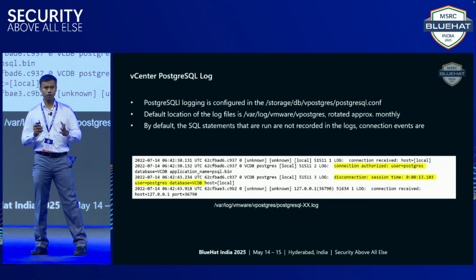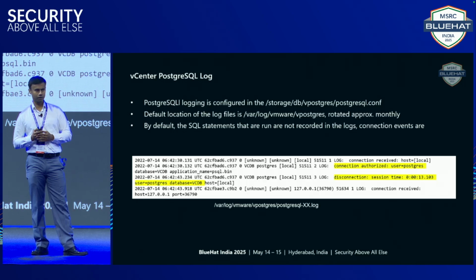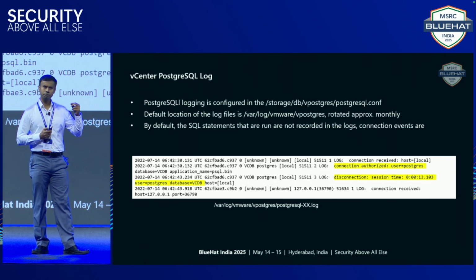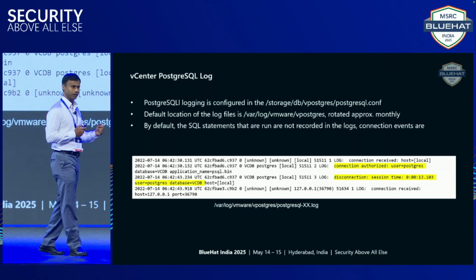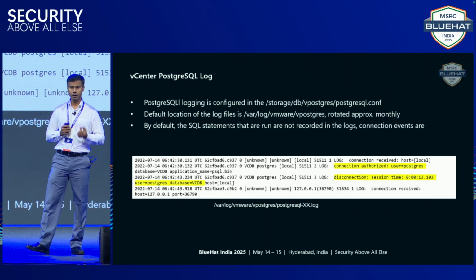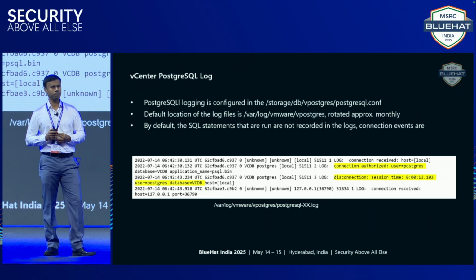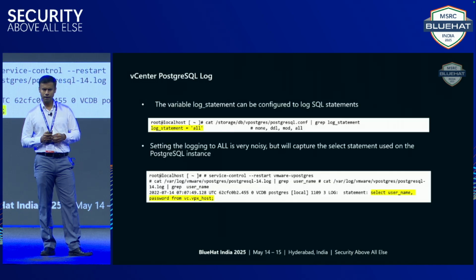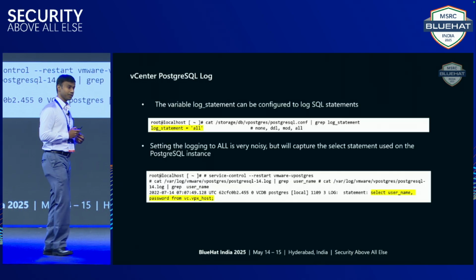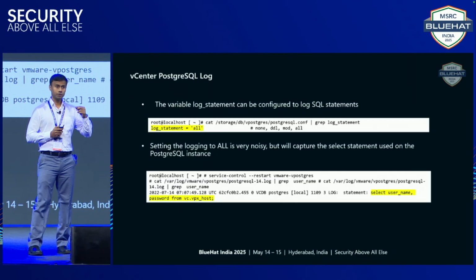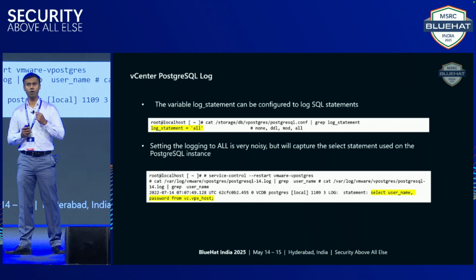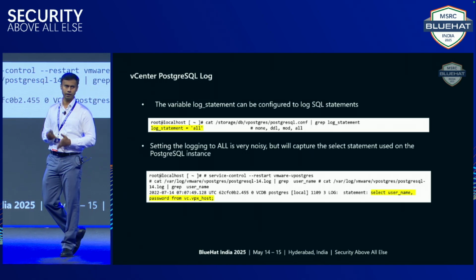So by default, PostgreSQL logs are enabled. In the default setting, the SQL statements executed against the database are not recorded. If you really need that, you may need to tweak the postgresql.conf file, and you may need to add a parameter log_statement with a value all. So this will start recording all the SQL statements executed against the database.